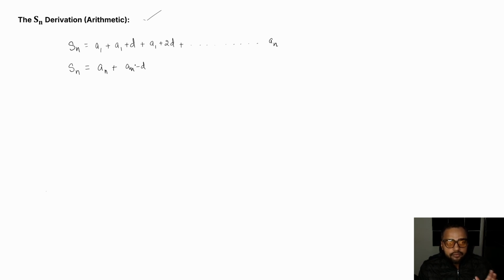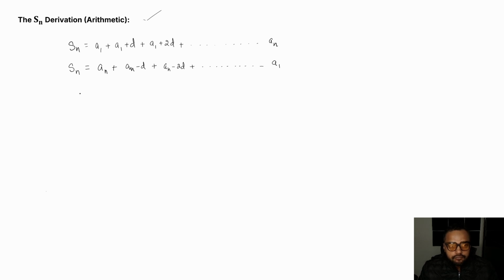Similarly, the third last term will be an minus 2d, and it will go till the first term. So in the first sum of the n series, I have just taken the sum of all the terms from a1 to an. In the second summation, I have started the series from the backward direction, but both are the same sum.